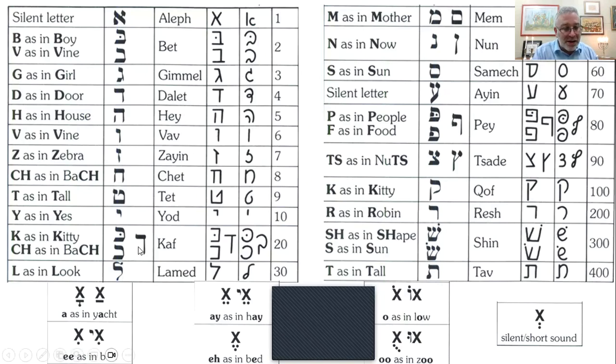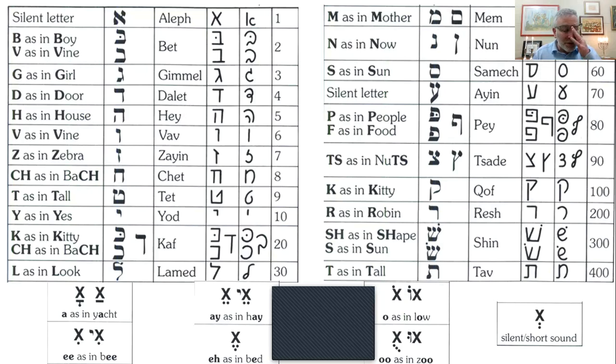So chaf, that K sound, becomes a form with a long tail at the end of the word Baruch, for example. If you look at the Hebrew for Baruch, you'll always find that long final chaf form. Or if you look in the upper right column on the right side, you've got mem, M, that has a regular form on the left and a final form that's a closed square. Or nun looks like the letter on the dreidel, but a final nun has a long tail that goes down. And same for pei, fe, that becomes a longer form, or tzadi becomes a longer form at the end of the word.